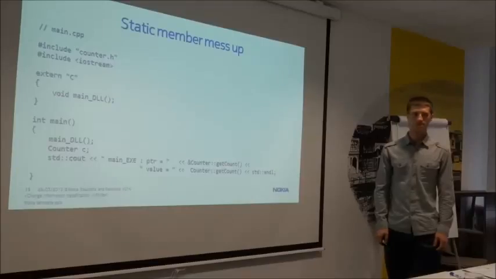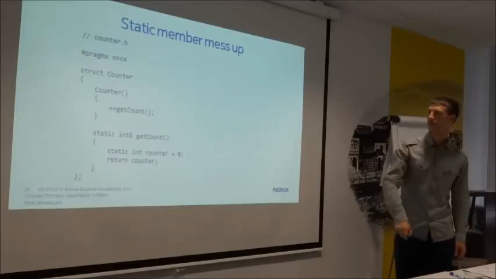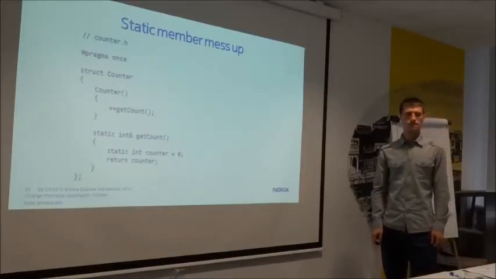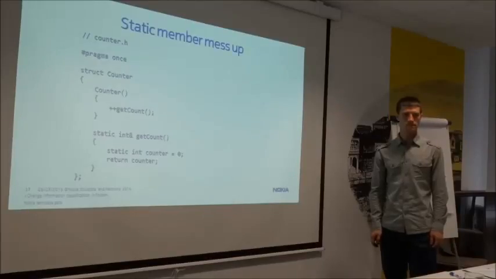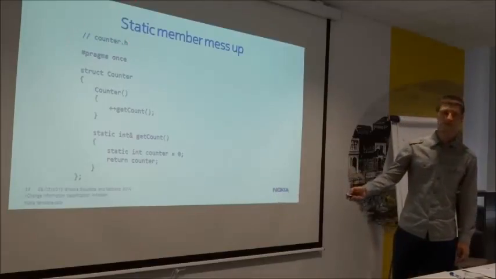And the source code of counter.h. Yeah, that's the point. This counter is actually defined both in the shared library and in the executable. Yeah, of course, because it's two symbols or two objects.